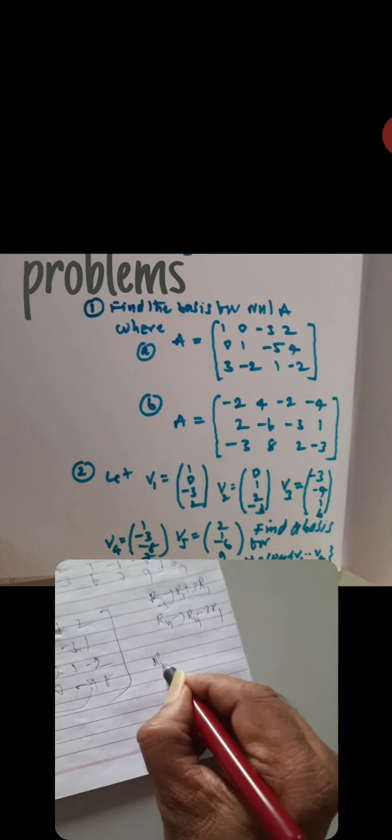Basis means V has some elements; each and every element you can express as a linear combination of B1, B2, Bn, and also all other elements in V. Therefore, this is a basis.